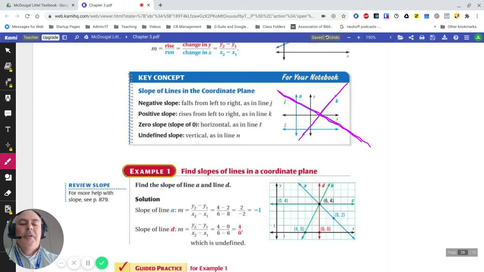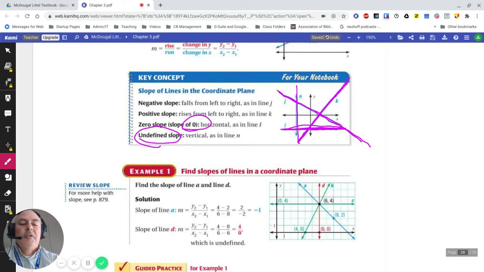When a line goes uphill or rises, it's going to be a positive slope. If a line is horizontal, which means it's going to be parallel to the x-axis, the slope is actually 0. And when I have a vertical line, the slope is undefined. The reason for that is my change in x is 0.